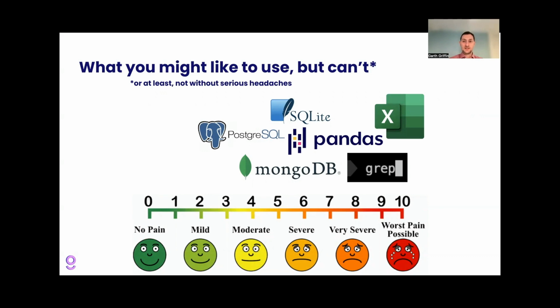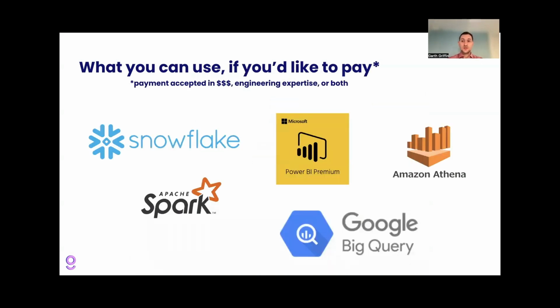And the databases, if you're willing to spend the time tuning Postgres, I think you might be able to work with a billion rows in Postgres. But if you just fire it up and hope for the best, SQLite and Mongo are going to have a hard time. Pandas is going to have a hard time. There certainly are solutions.